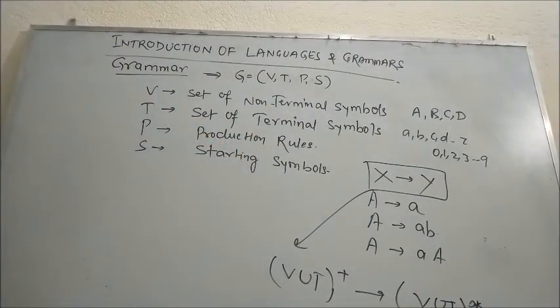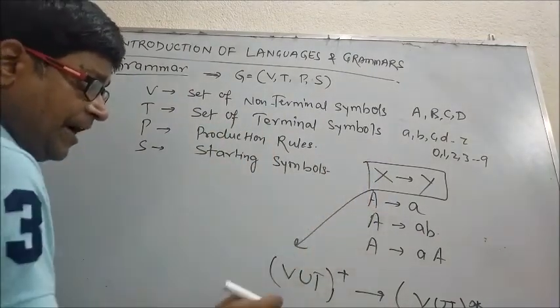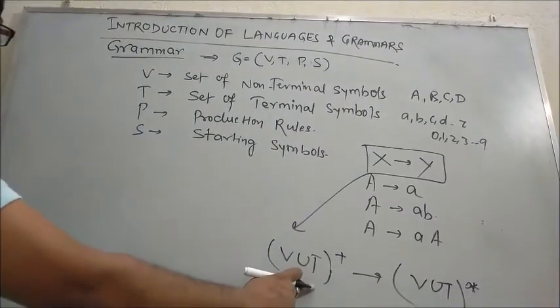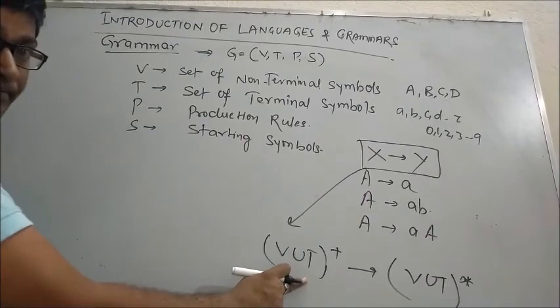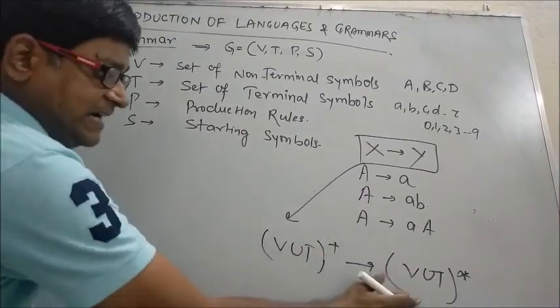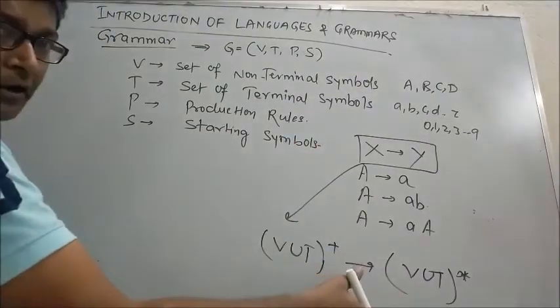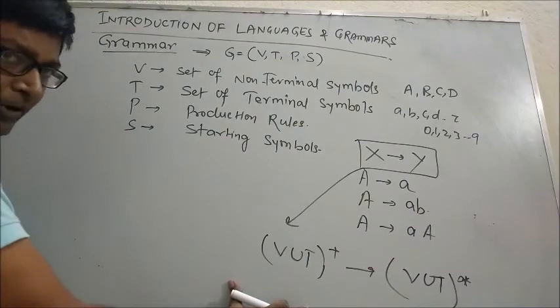What does it mean? It means that in production rules, in x, we must have at least one non-terminal, right? And on the right hand side we may have terminal or non-terminal or epsilon, right? So this is the general format of production rules.